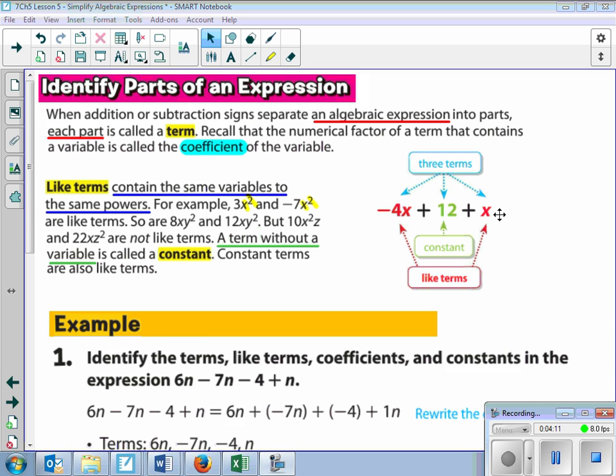The like terms are the terms that have the same variable with the same exponent. Here these are x to the first power, so those are just x terms. So negative 4x and x are like terms. And 12, because there is no variable on it, is called a constant.